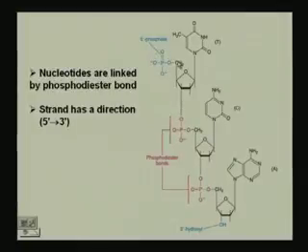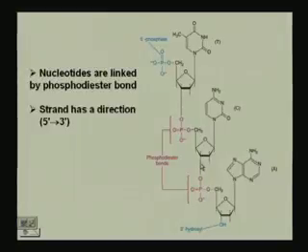You have the base attached by this glycosidic linkage to the sugar. Now, what is happening? This OH is free to attack the triphosphate. What happens? You then have the formation of a dinucleotide, but this OH is again free. What can that do?